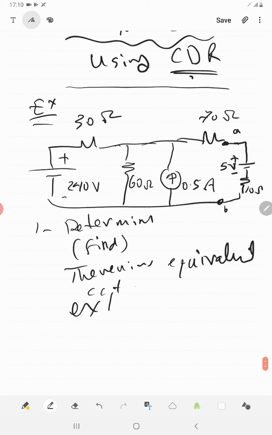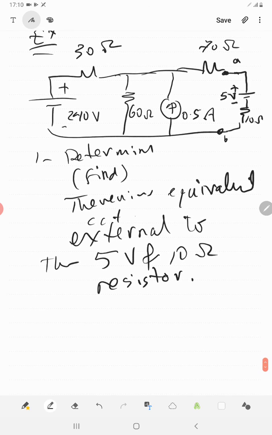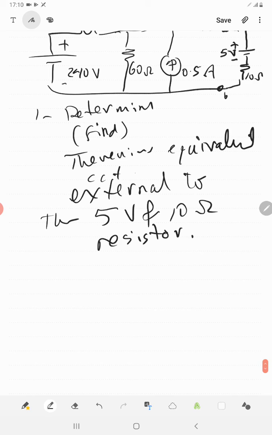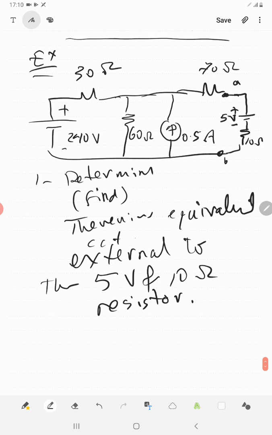We say external to the 5 volts and 10 ohms resistor. So what we want to do is to find the Thevenin's equivalent circuit external to that.